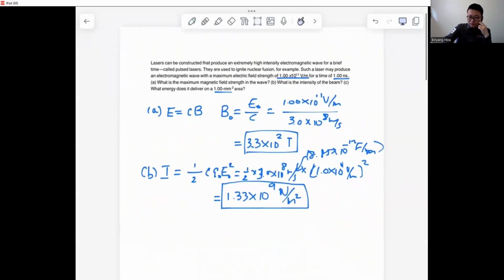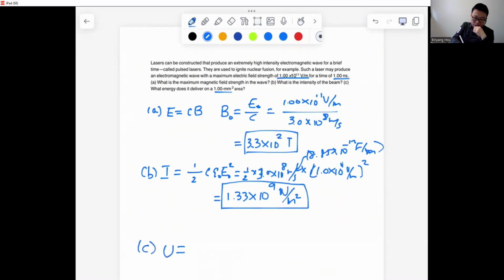All right, the last one asks what will be the energy delivered to that area. We have intensity, so the energy U will be intensity times delta T times area, because intensity is defined as energy over a certain area under time delta T. So looking for U, you should multiply A times delta T to both sides of the equation.